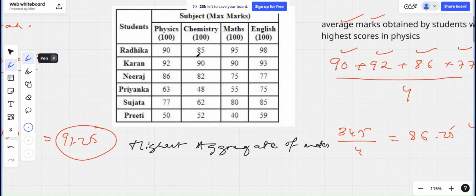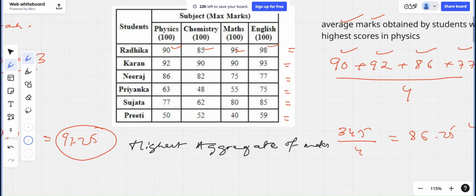The question is not asking the percentage. Aggregate means just add them. One way to do it is to add these and see the total for each and every student. Why are they asking all these questions? It's not a difficult question, but it takes time.